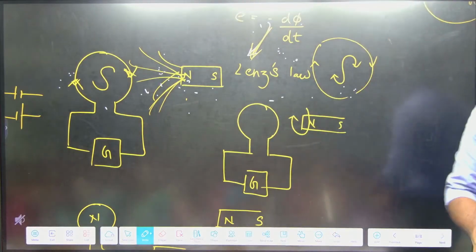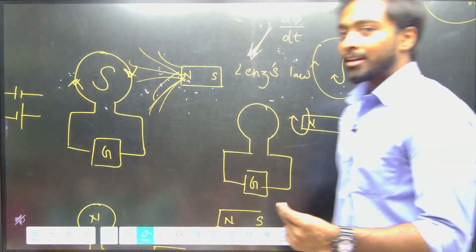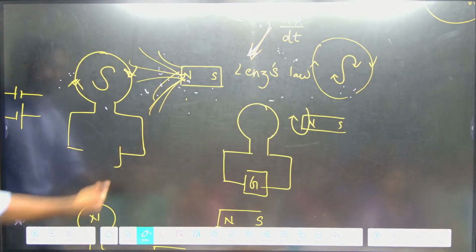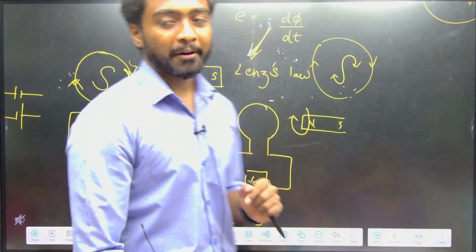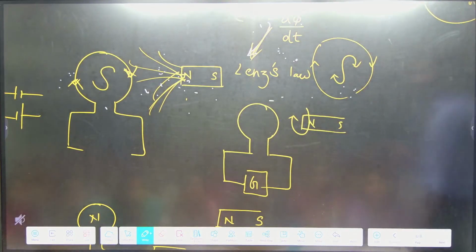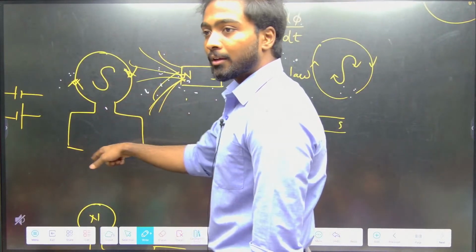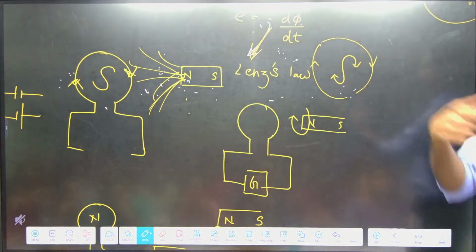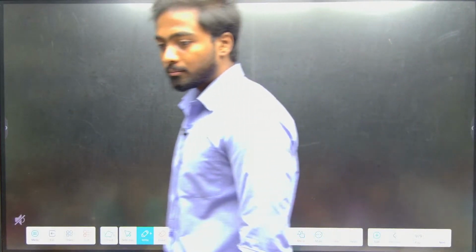Completed? Okay, listen, the next condition: I will just remove the galvanometer here. Now will there be any current produced here? Why? There is no galvanometer, and one more thing, it's an open circuit, no? There will not be any way to pass the current through the wire, yes, no. So the next topic is open loop.